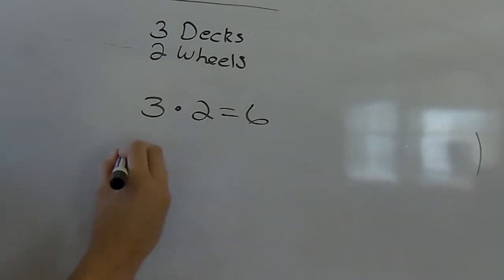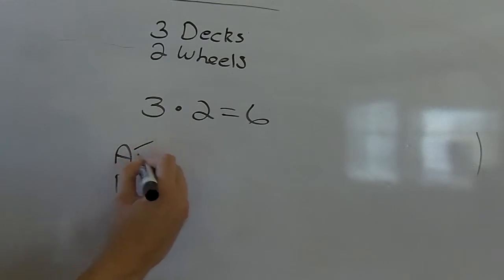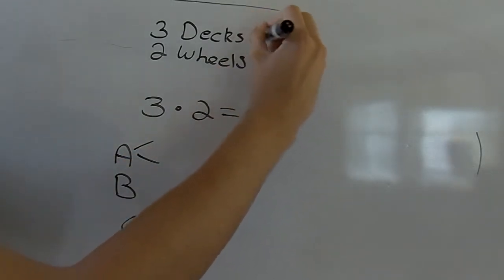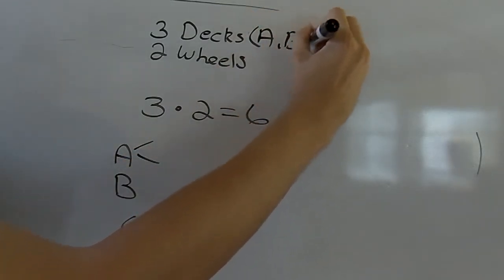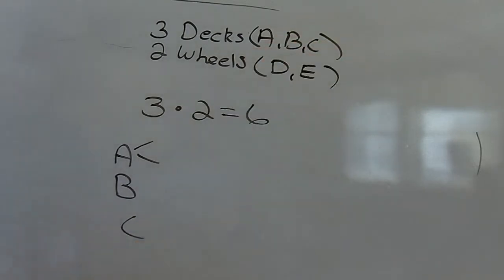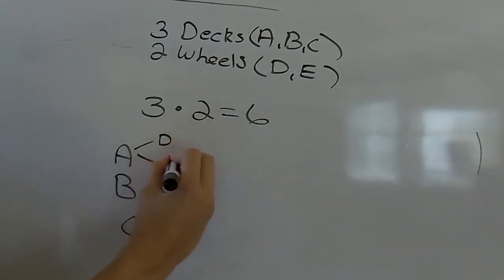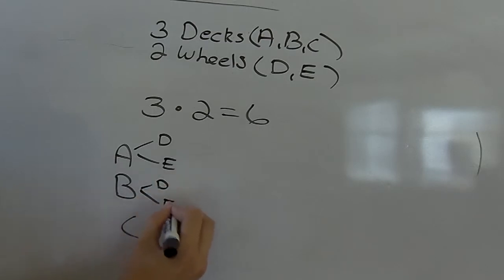We have decks A, B, and C. For deck A, we have a choice of 2 different types of wheels. Because remember, I had 3 different decks, A, B, C, and I had wheels D and E. So we have wheel D or wheel E, wheel D or wheel E, wheel D or wheel E.